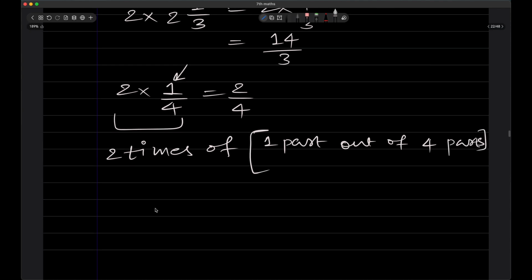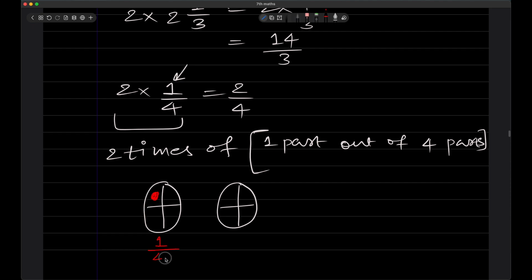If we represent this in the form of a picture, we take a circle and divide it into 4 parts, take 1 part out of 4 parts, and repeat it 2 times, so one more time, and we will get 2 parts out of 4 parts.